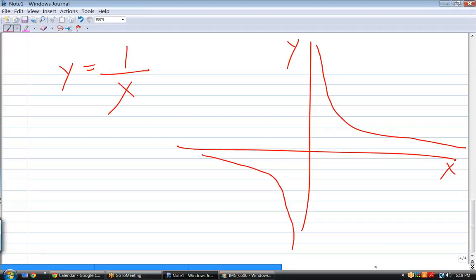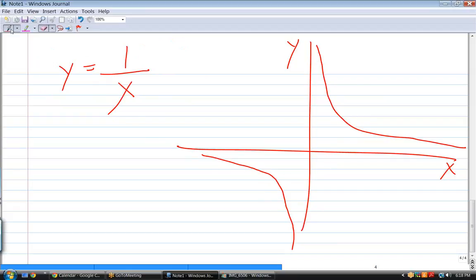X can never be 0, as the graph shows, and Y can never be 0. There's no way to make Y 0. You can make X whatever you want, and Y is never going to be 0. Okay? So the most basic hyperbolic function of all is this one.